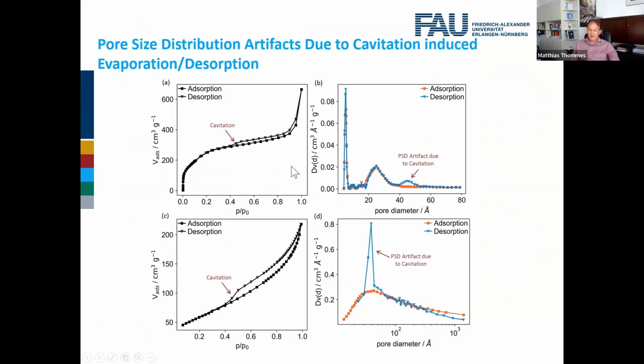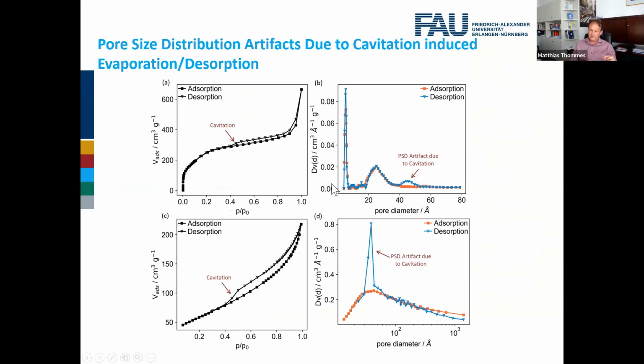This is a hierarchical zeolite again. You see the filling of micropores, then you fill some mesopores, but here you have very large pores, meso-macropores. Some of these pores have narrow entrances, and they empty. These large pores empty during this step down due to cavitation.